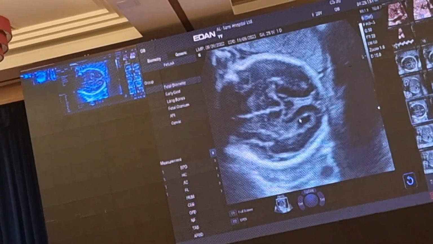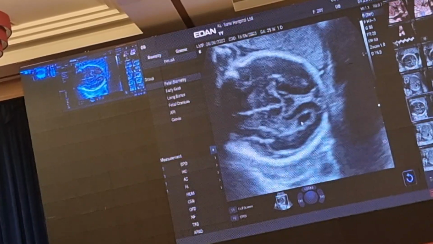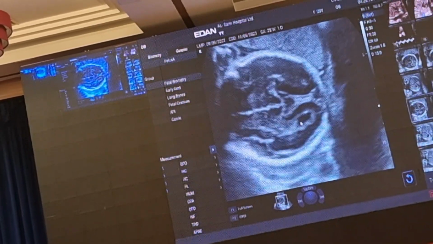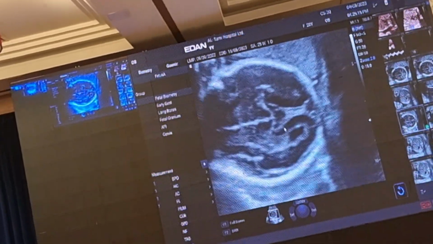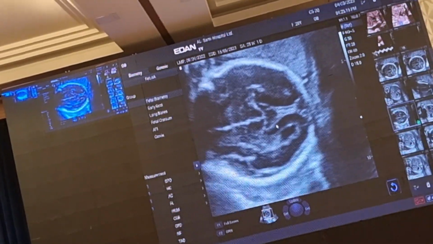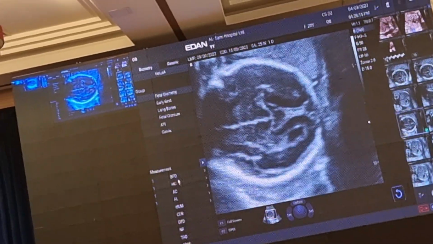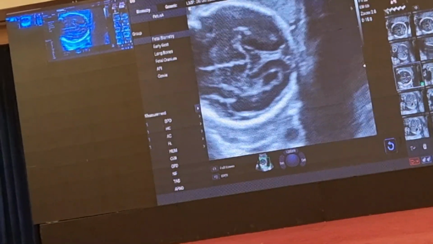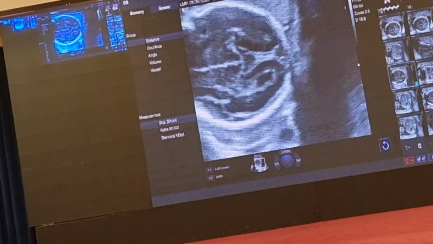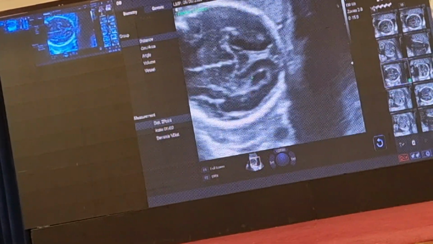So typically when we look at ventricular size, in this view we always measure the posterior ventricle, and we measure it at the level of the parieto-occipital sulcus. We take the caliper measure, and we measure from the inner wall to the inner wall.